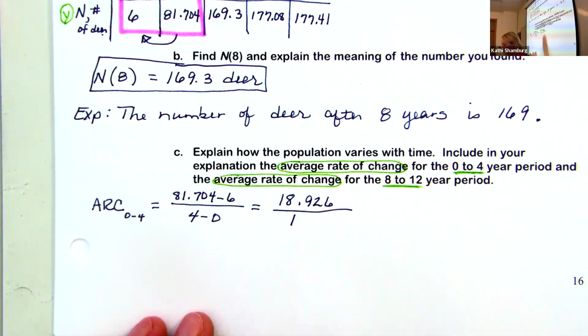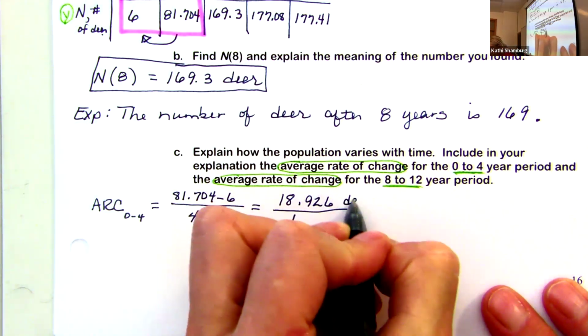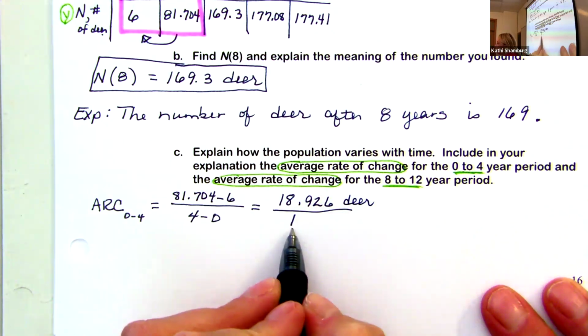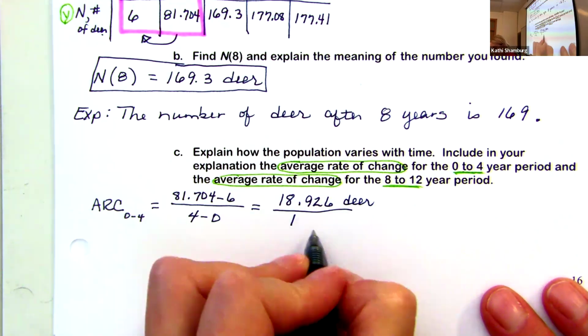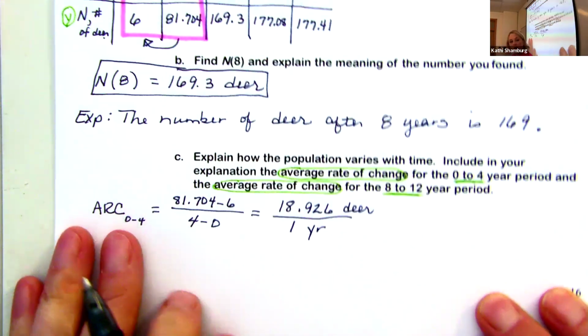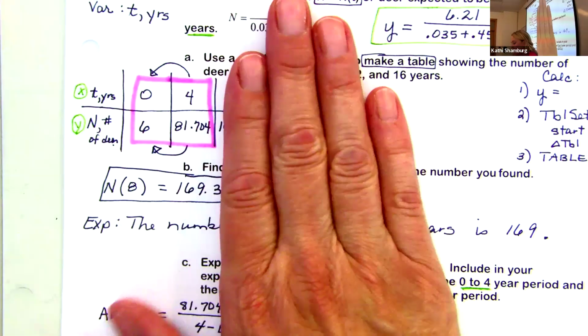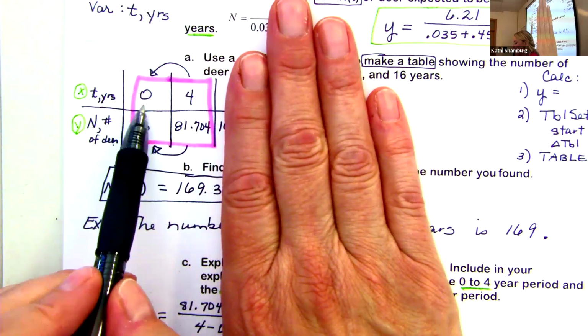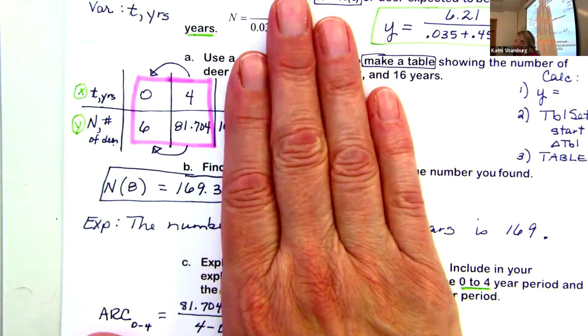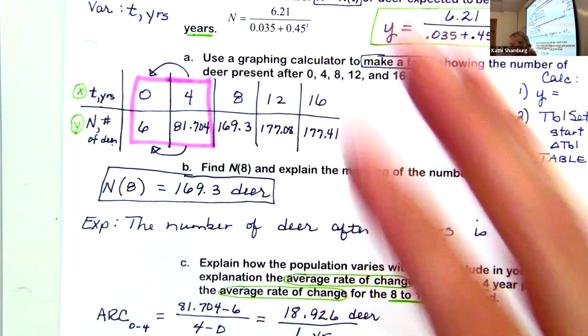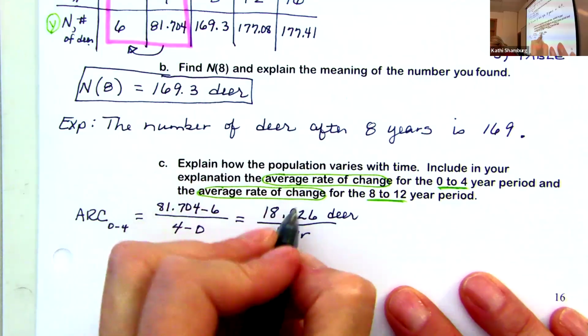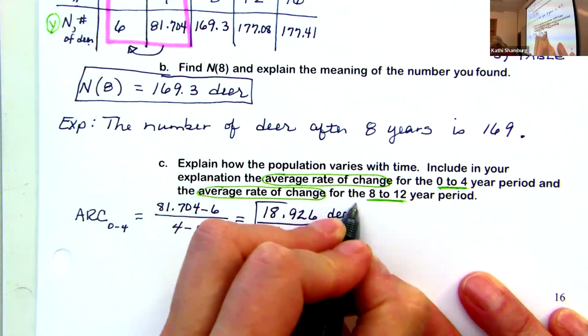Deer. So 18.926 is deer per 1 what? Year. All right, so that tells me from years 0 to 1, it increased almost 19 more deer. And then from 1 to 2 years, another 19 deer, and so forth. Okay, so that's what's going on from 0 to 4.